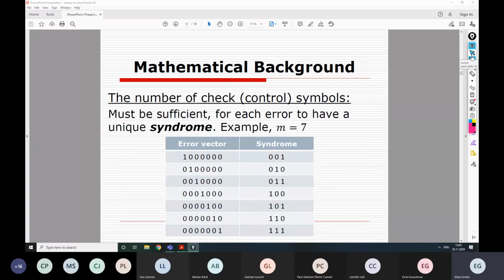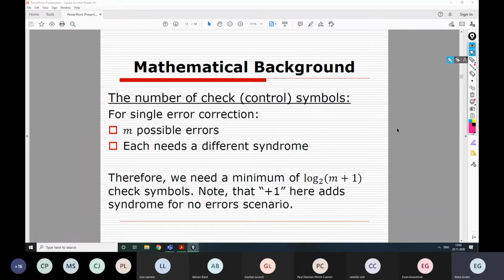We'll talk about that right now, but first let's try and make that as a formula, how we can calculate. So if we are talking about only a single error correction, then we have m possible error types or combinations or cases, scenarios. We can call it any way we like.